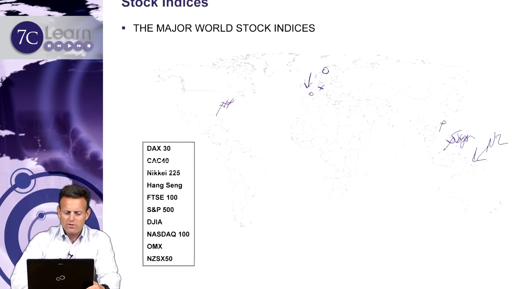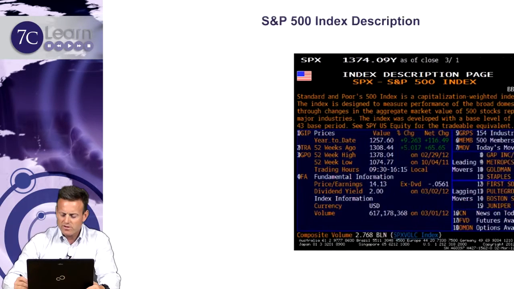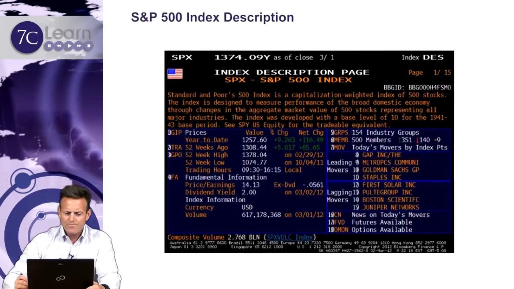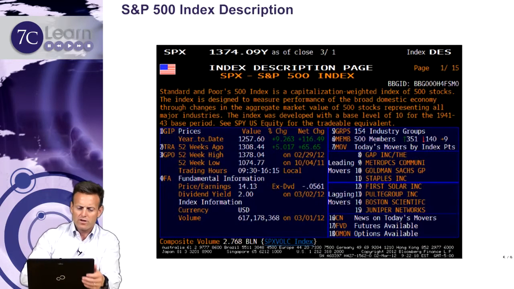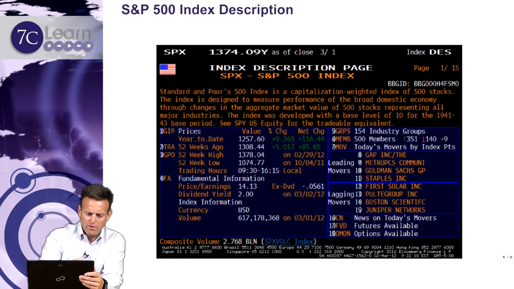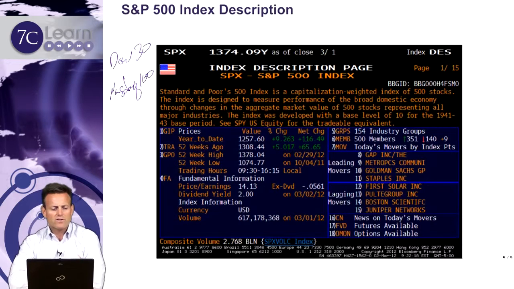Okay, well now let's look at the indexes a little bit closer. So this is the S&P 500. Now we said for the US, there's lots of different indexes, but we had already talked about the S&P 500. Then we also mentioned the Dow 30, and then also the NASDAQ 100. Now these indexes are all different. Well, the S&P 500, as the name suggests, is 500 large cap U.S. equities.